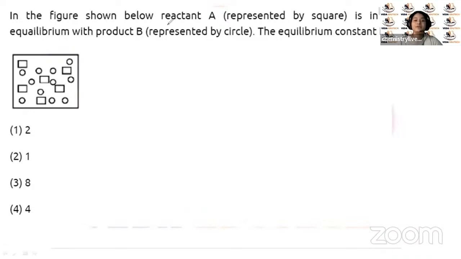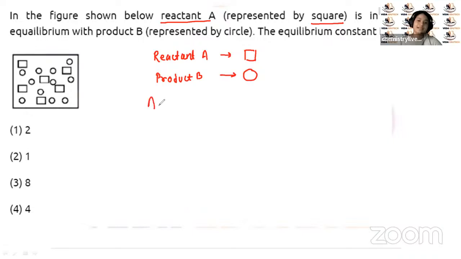In the figure shown below, you have reactant A represented by square, and it's in equilibrium with product B, represented by circle.